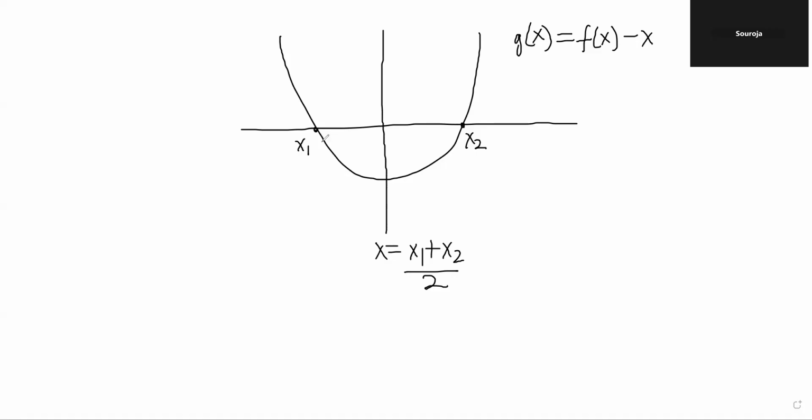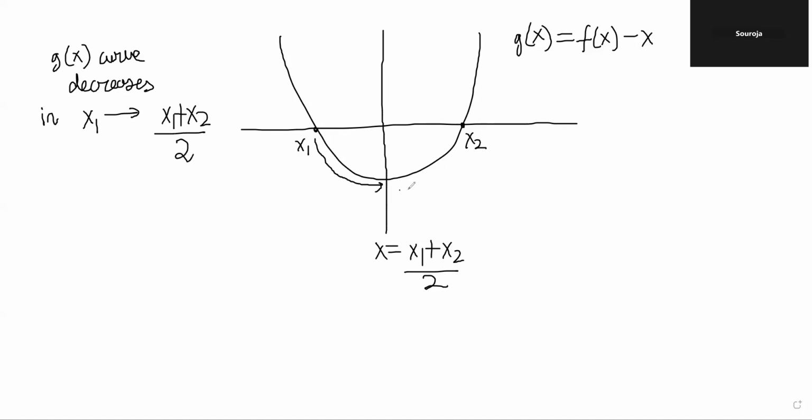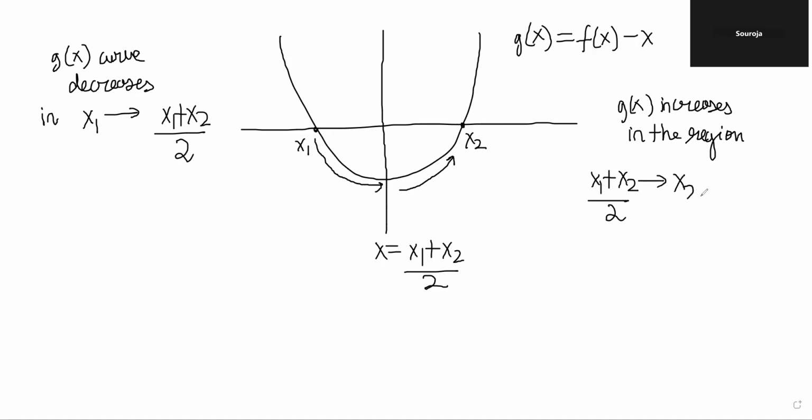In this portion, the g(x) curve decreases from x1 to (x1 plus x2) by 2, and then g(x) increases in the region (x1 plus x2) by 2 to x2.